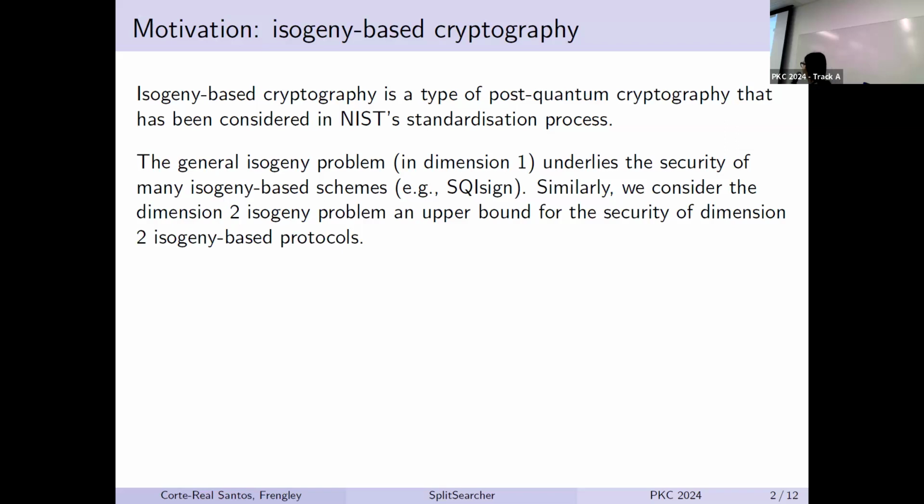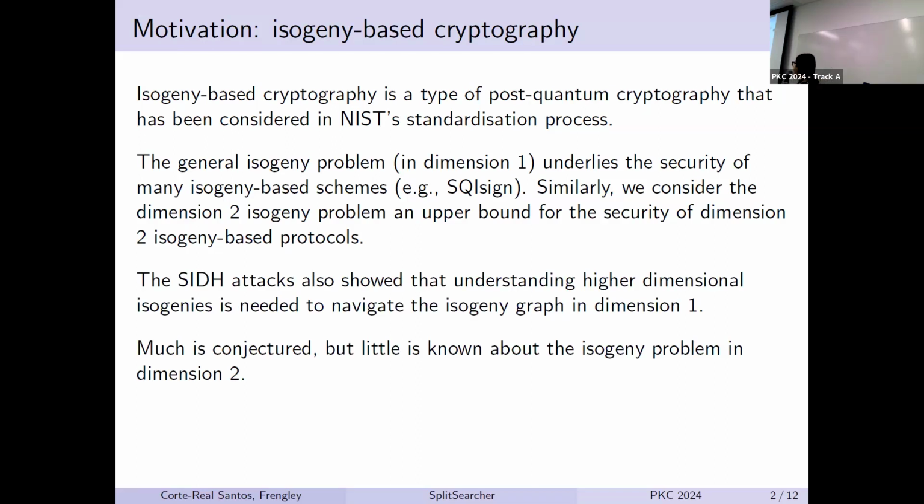In this work, we consider the isogeny problem in dimension 2. So rather than looking at elliptic curves, we're looking at their dimension 2 analogs. The isogeny problem in dimension 2 can be considered an upper bound for the security of isogeny-based protocols, where now you're looking at dimension 2 abelian varieties.